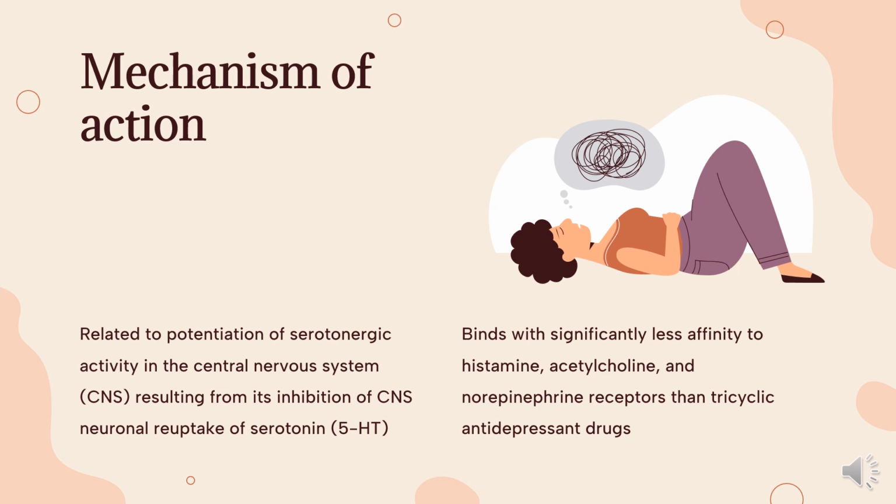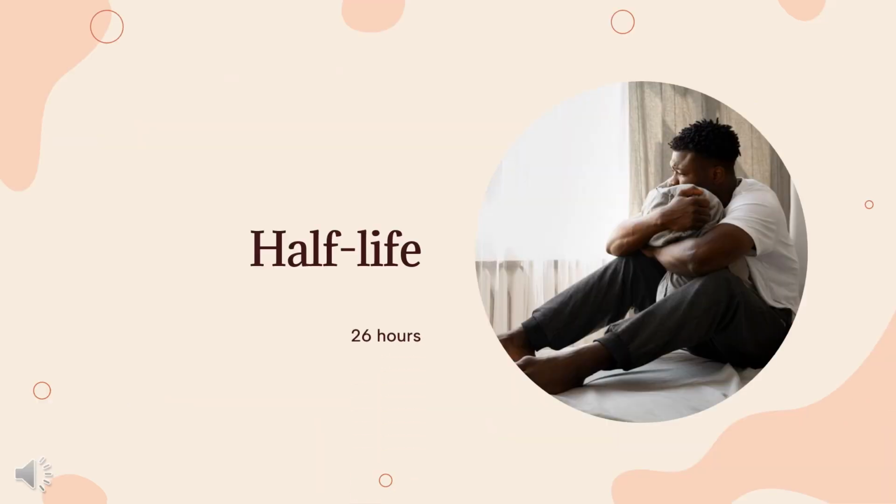It exerts weak inhibitory actions on the neuronal uptake of norepinephrine and dopamine and exhibits no inhibitory effects on the monoamine oxidase enzyme. Half-life. The elimination half-life of sertraline is approximately 26 hours. One reference mentions an elimination half-life ranging from 22 to 36 hours.